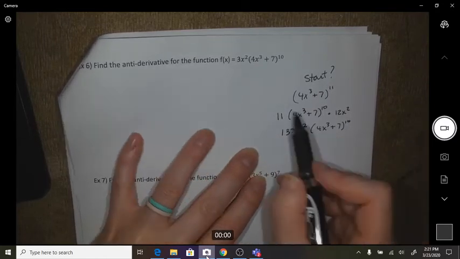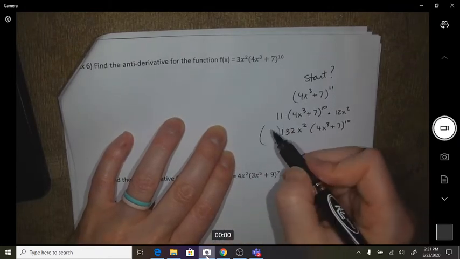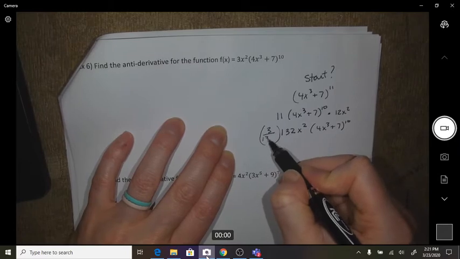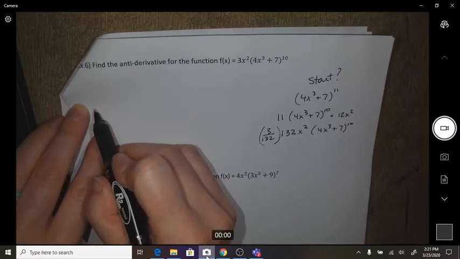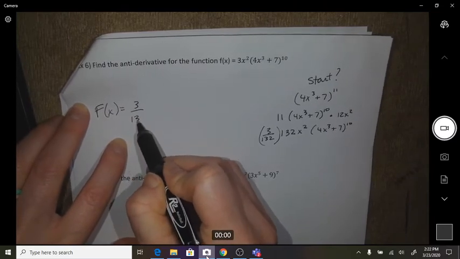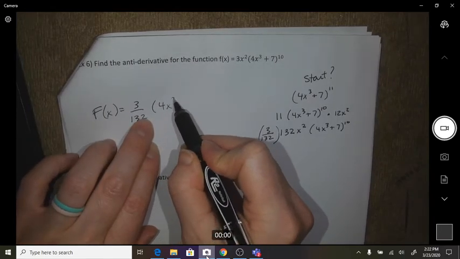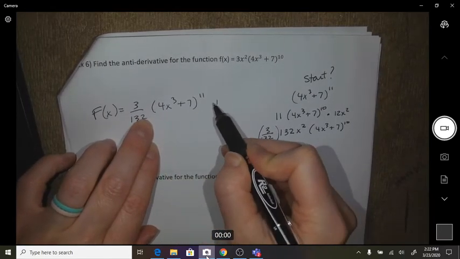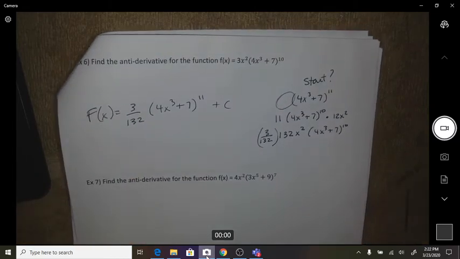Looking here to there, what would I need in the front to end up with a 3? 3 over 132. So that's what we needed to put in the front of that.